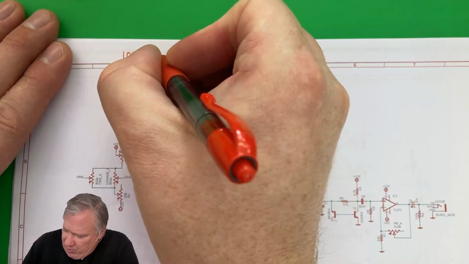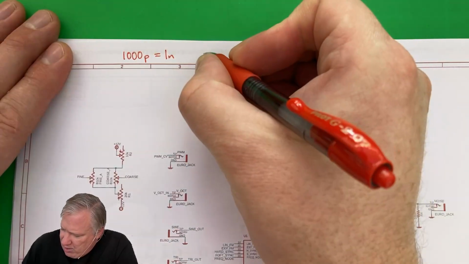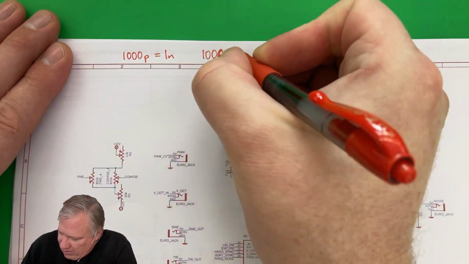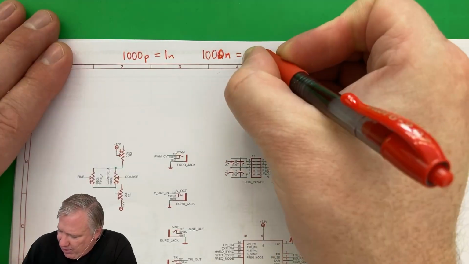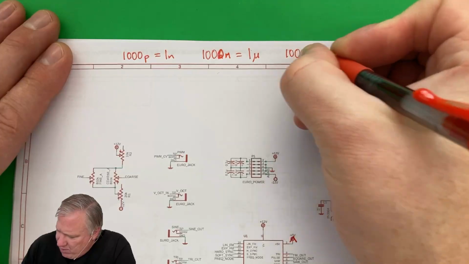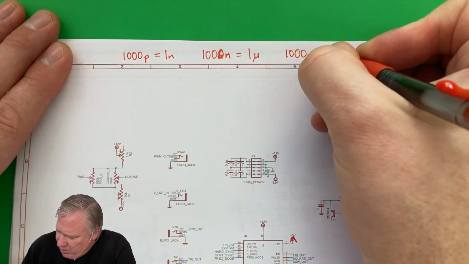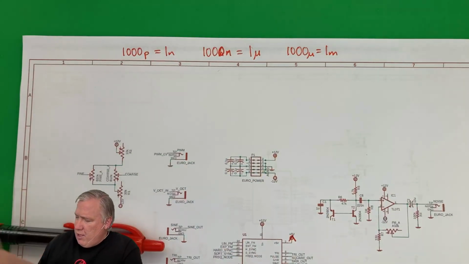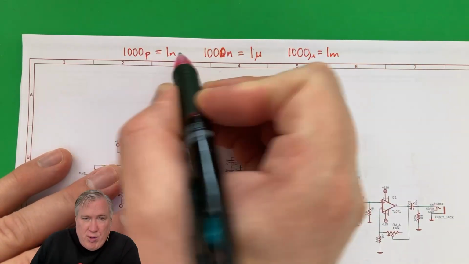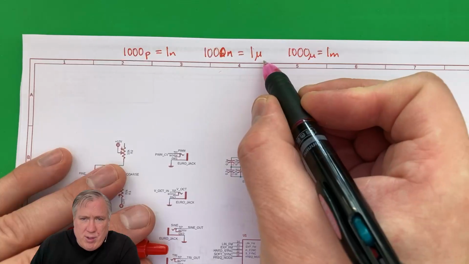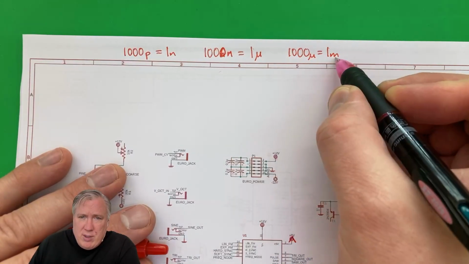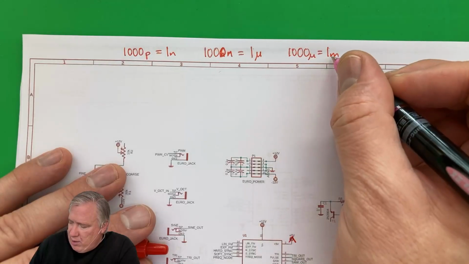But 1,000 P is equal to 1 N, 1 nano. 1,000 N is equal to 1 micro. And 1,000 micro is equal to 1 milli. Okay. And so what this means is that P is smaller than N is smaller than the Greek letter mu, and mu is smaller than the lowercase m.